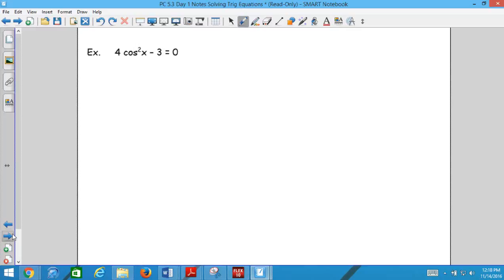Okay, next one. We've got 4 cosine squared x minus 3 equals 0. What should I do first? Add 3. So we have 4 cosine squared x equals 3. And what should we do? Divide by 4. So I've got cosine squared x equals 3/4.